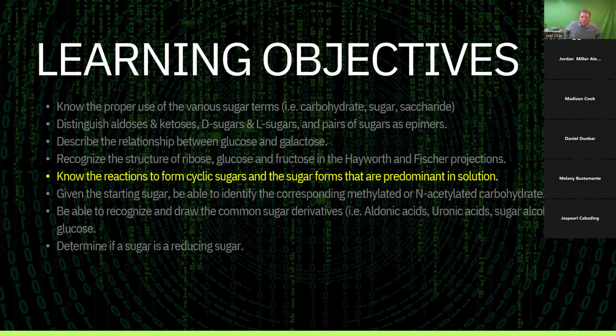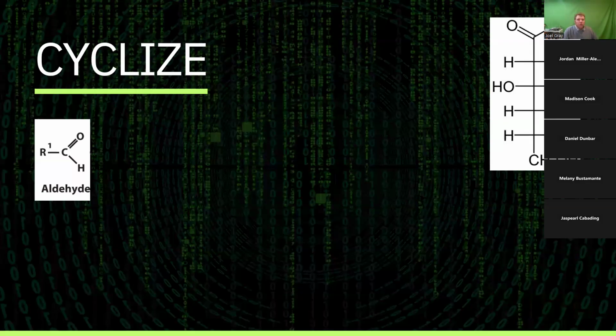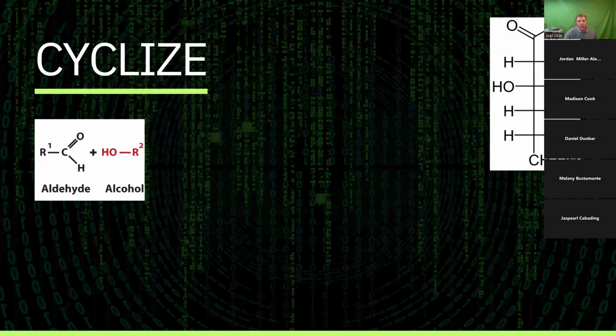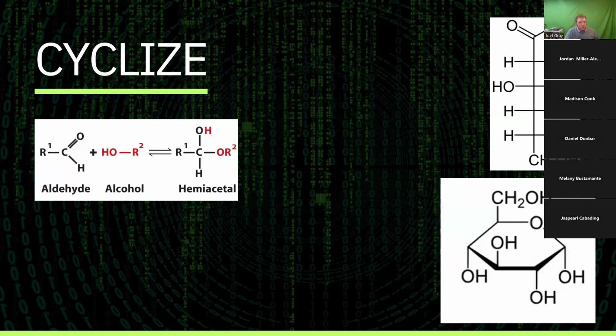So the cyclization that's taking place, we've got those partial charges that attract the groups to one another. Now, we've got to know about what those groups are, and I want you to know about these reactions. An aldehyde with a partial positive charge is going to react with an alcohol. So here's our aldehyde functional group, and here's our alcohol. It can react with any one of these alcohols, and whenever it does, we're going to form what's known as a hemiacetal.